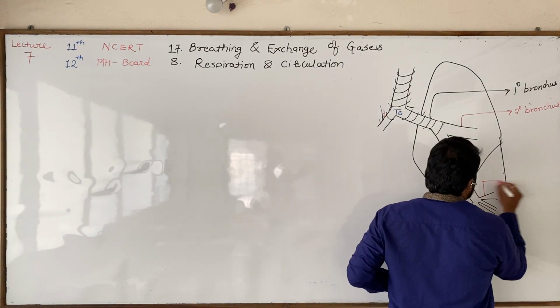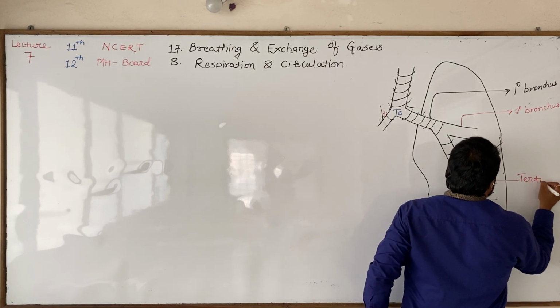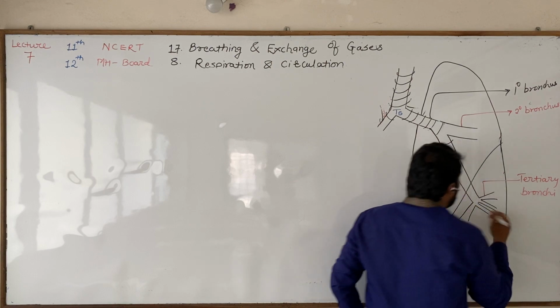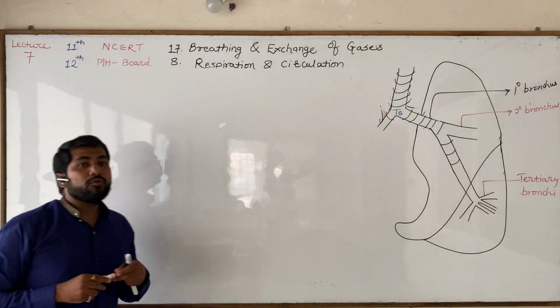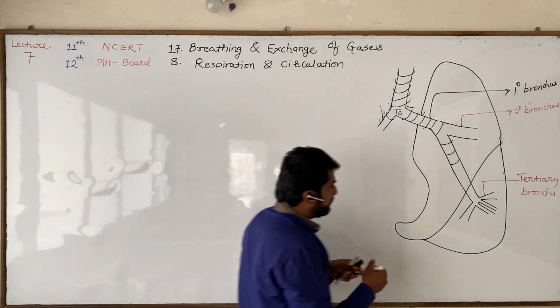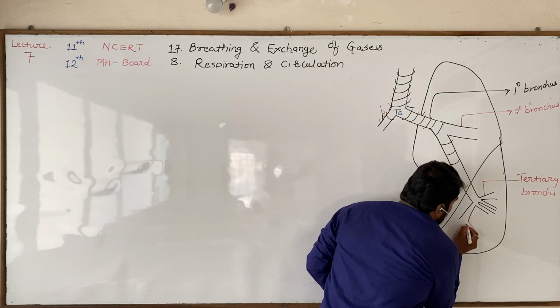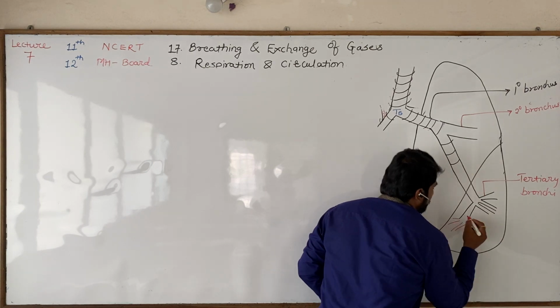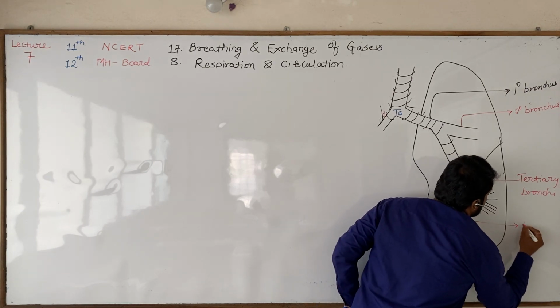This is tertiary bronchi. And now bronchi divide into bronchioles. Tertiary bronchi divide into terminal bronchioles. So the next part will be terminal bronchioles. These are terminal bronchioles.